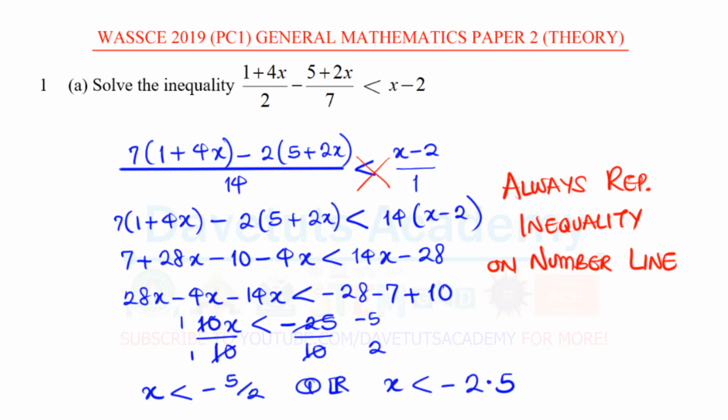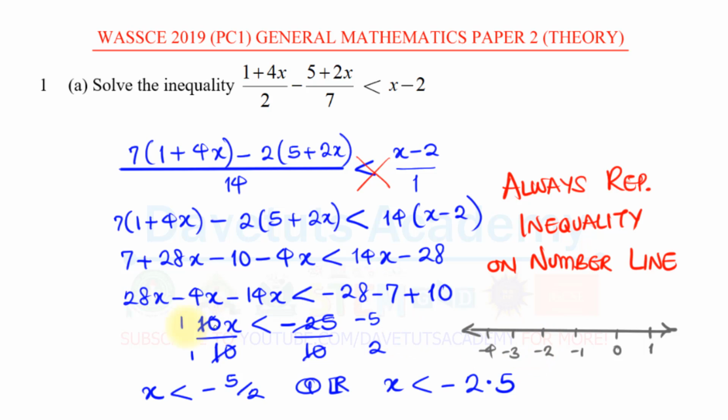Okay, so if you want to do that here, since we have just x to be less than minus 2.5, we can have our straight line. You can use whatever unit you want to use. You can say this is 1, this is 0, minus 1, minus 2, minus 3, and minus 4.